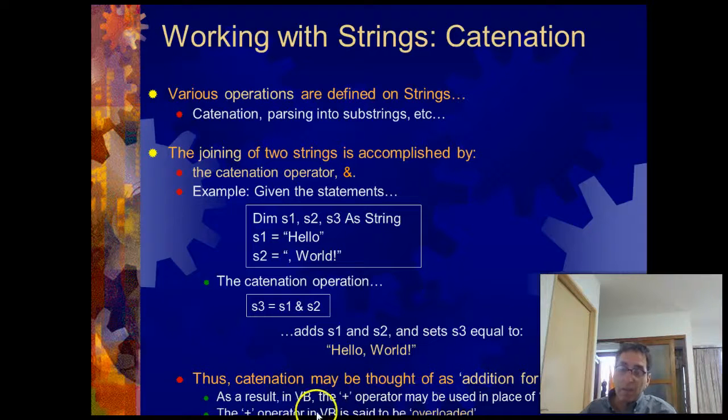That just means, you can look up overloaded on the internet, it's part of object-oriented programming concepts, and it means that it has more than one meaning. So in this context, when I have a string and a string, it has one meaning. If I have a number and a number, then it has a different meaning. So in other words, you can put plus in here, and it will concatenate the two strings.